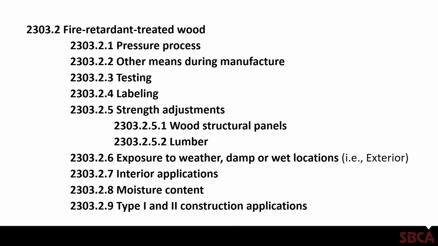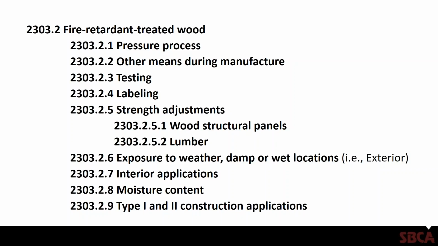So not just pressure impregnated, there are maybe other means that are allowed. 2.3 talks about the type of testing that's required if it's an other means during manufacture. So 2.3 and 2.2 go hand in hand.